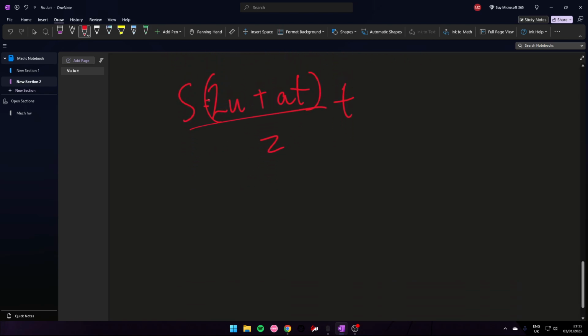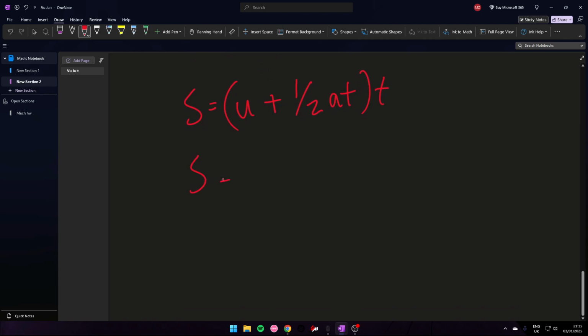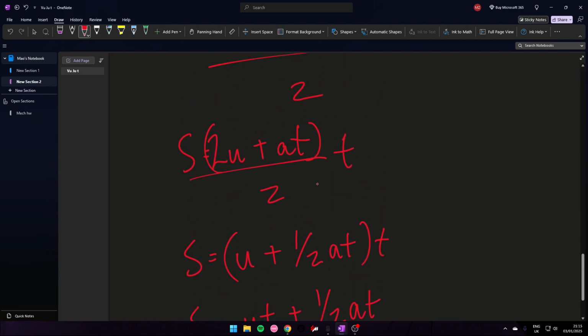Then we can divide by 2, so we're left with s is equal to u plus half at, times t. Then we can finally expand the brackets, and we're left with s is equal to ut plus half at squared.